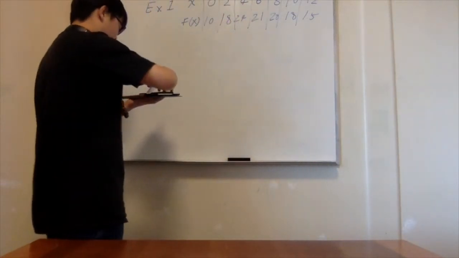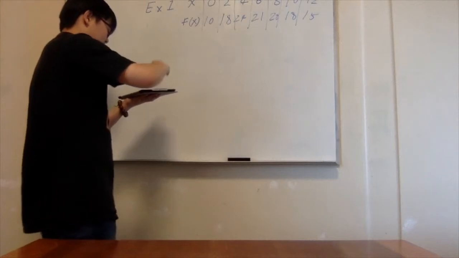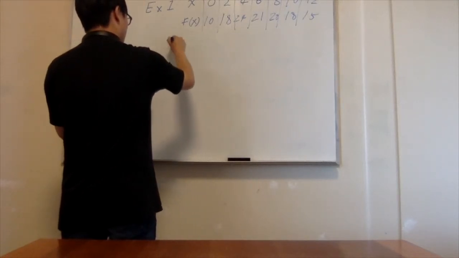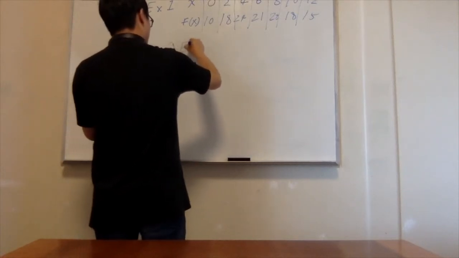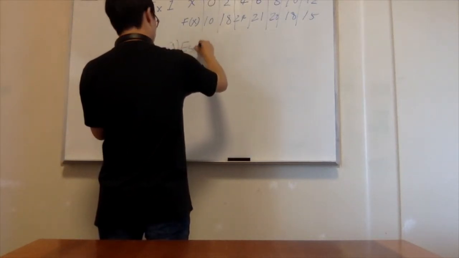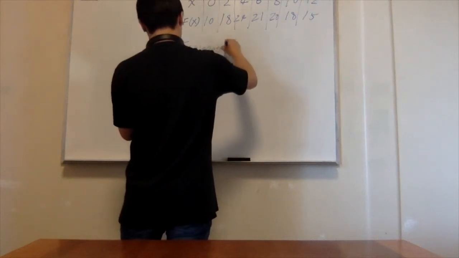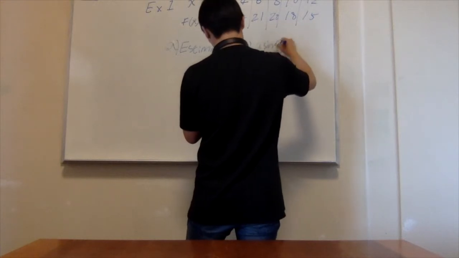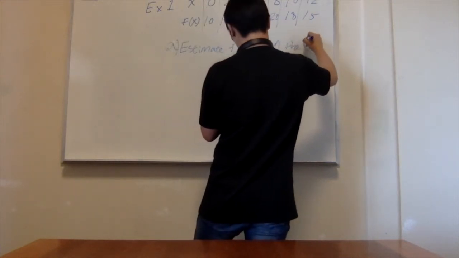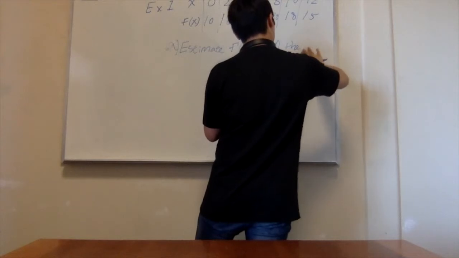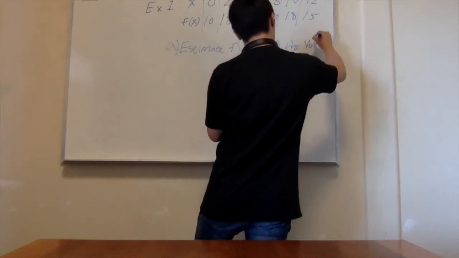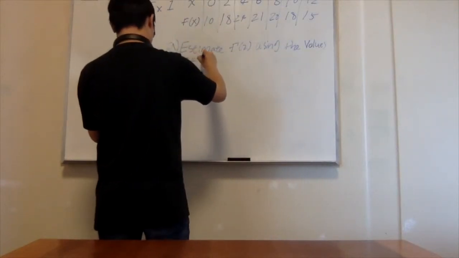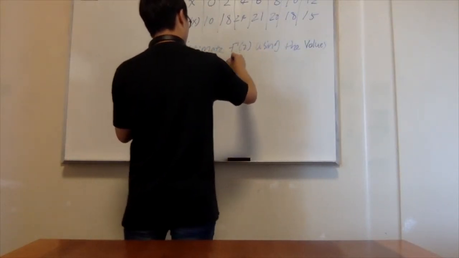So our question, example number 1, A: estimate f prime of 2 using the values of f in the table.